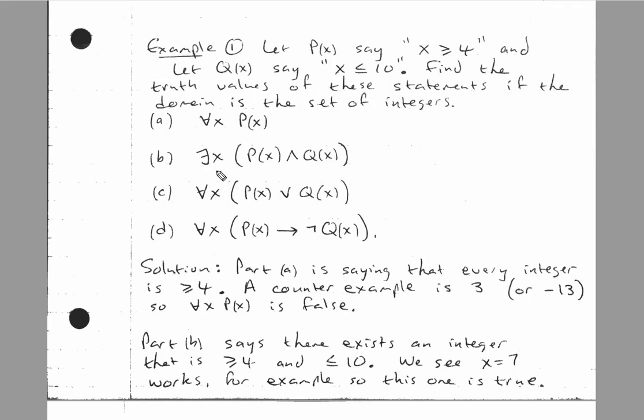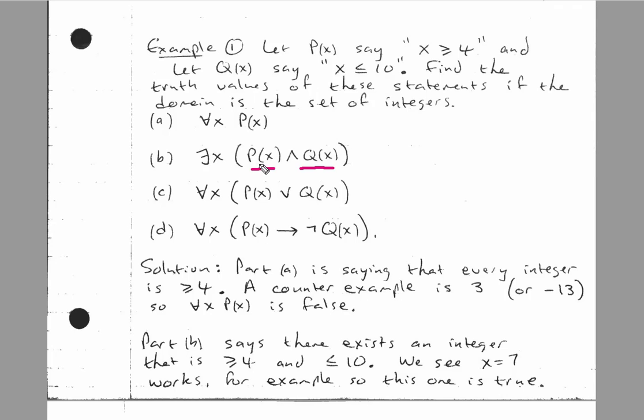Part B is saying there exists an x, there exists an integer, so that p of x and q of x, so we have a conjunction here. So is this true?